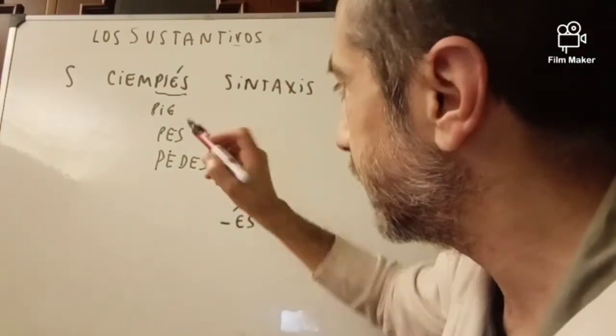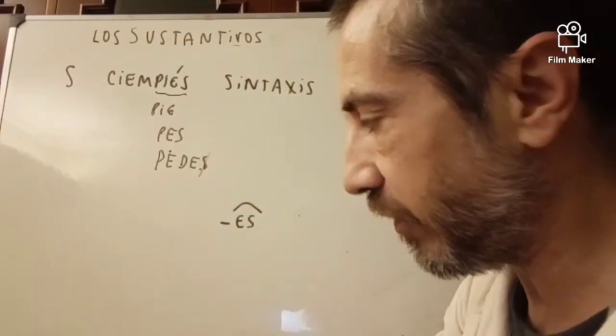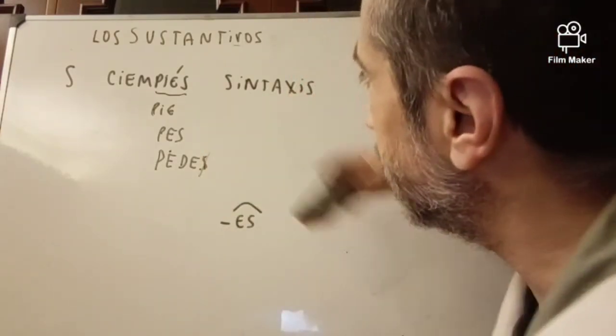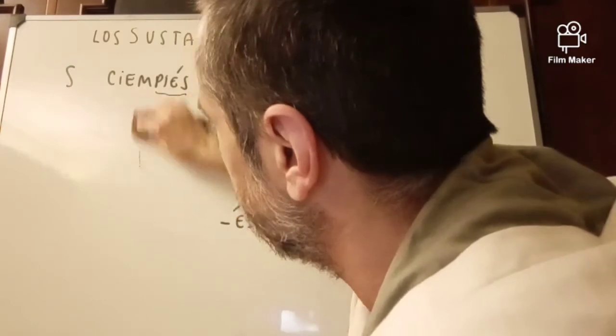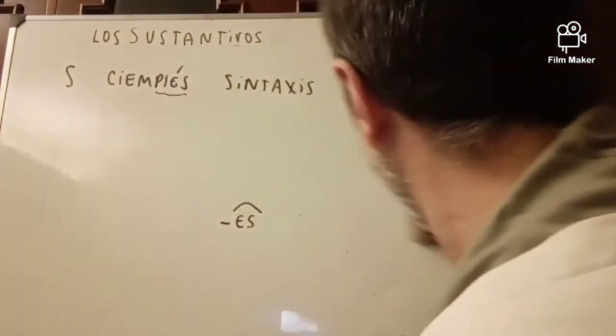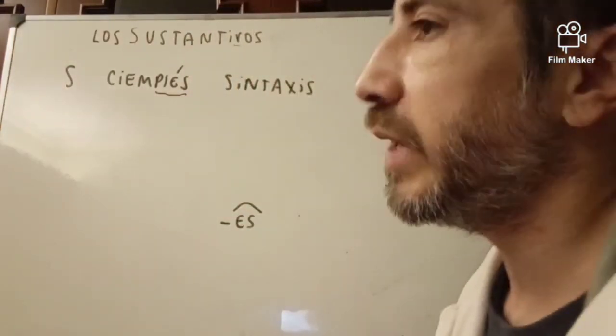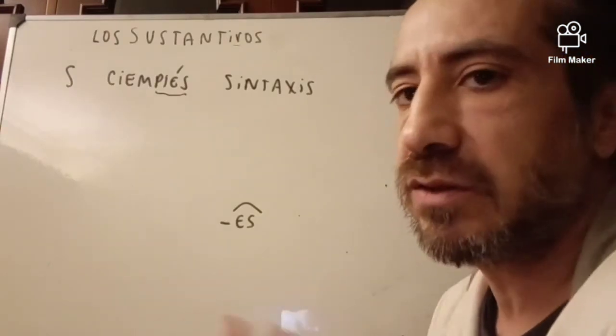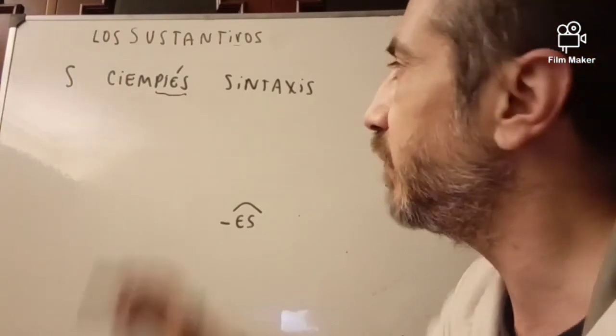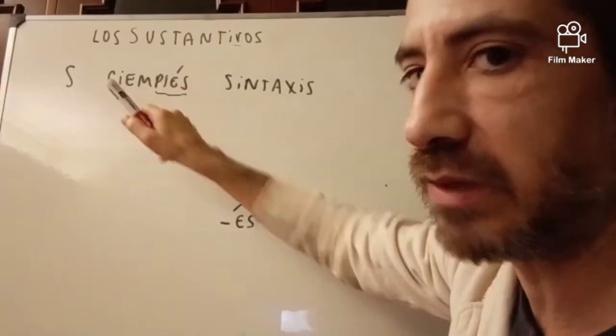So you have centipede coming from Latin, but in Spanish we take the Spanish word directly. So we say el cien pies and los cien pies. We don't say los cien pieses because it's already a plural.